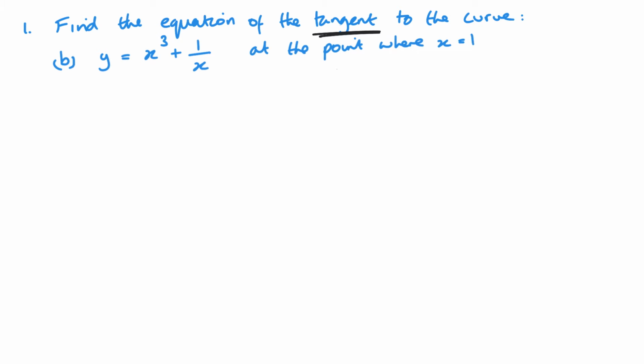Again, finding the tangent, but this time before we differentiate, we need to just rearrange or sort out our equation so that our powers are all on the top, our unknowns, our values of x, they're all on the top line. Now differentiate.